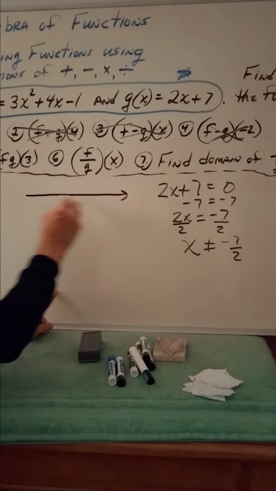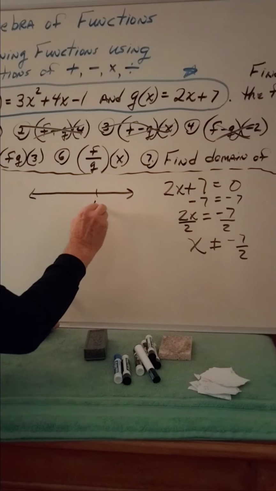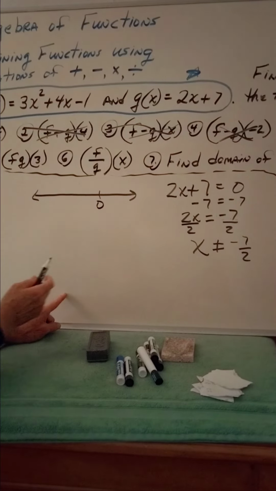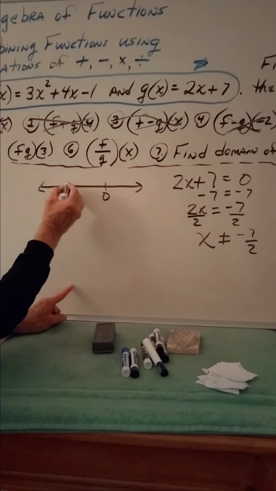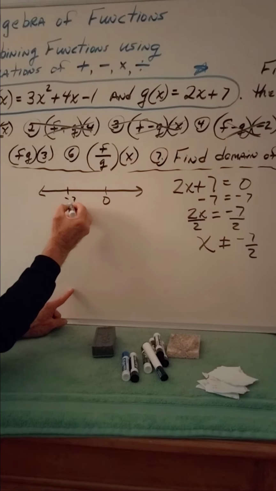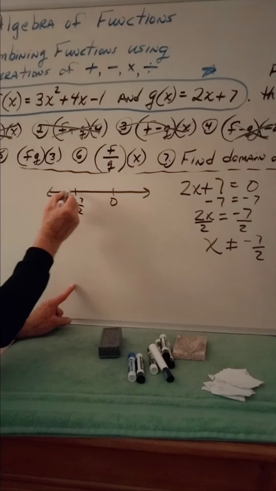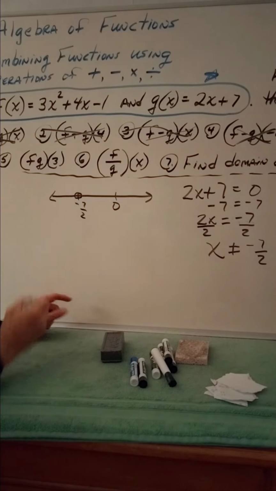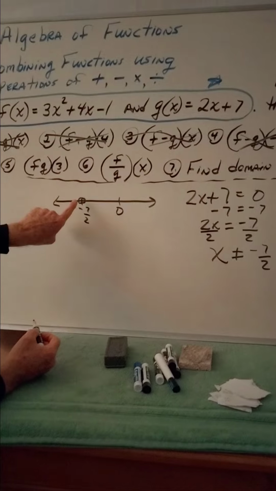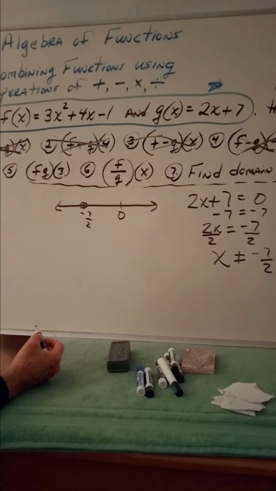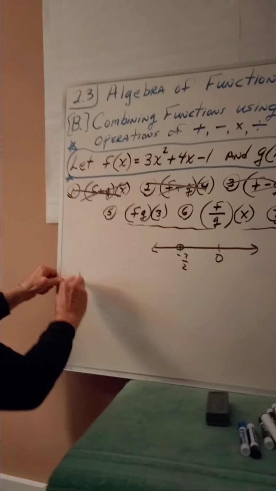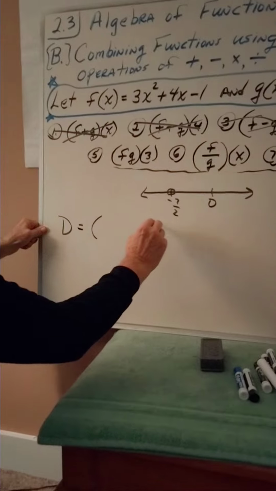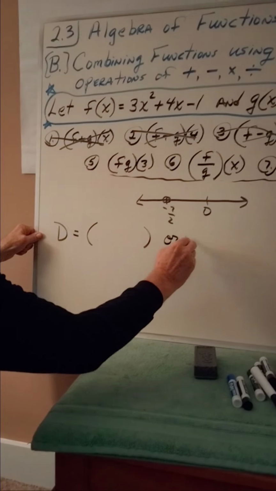Once again, if you just wanted to see this, let's call that 0. Negative 7 over 2 would be about negative 3.5. We'll just put it right here. You see, it can't be that, but it can be any number less than that, or it can be any number greater than that. So the domain would be equal to parentheses or parentheses.